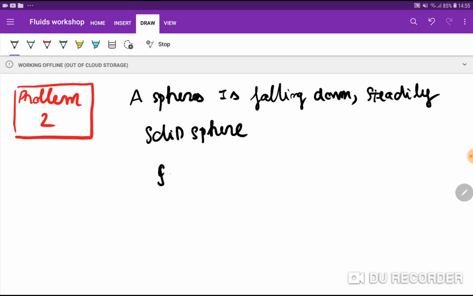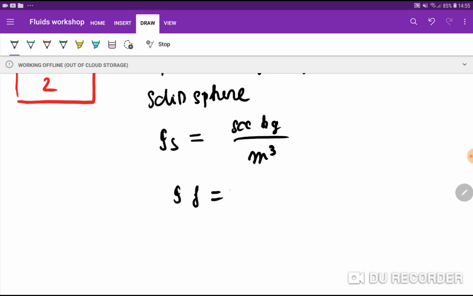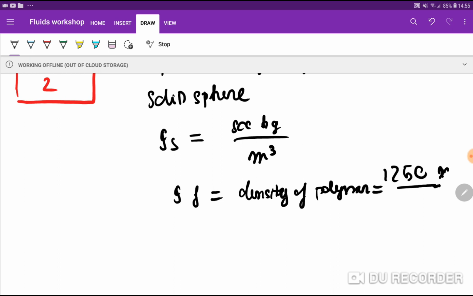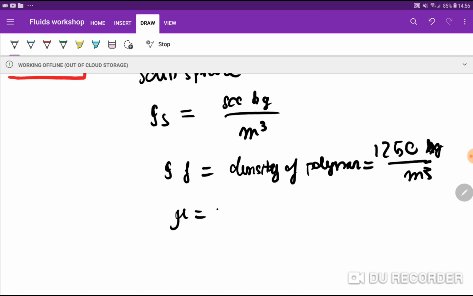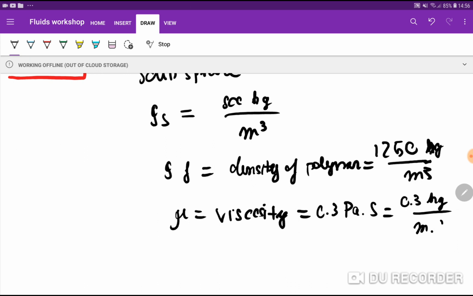They gave the spear density to be 800 kilogram per meter cube. Fluid density, or I would say density of polymer, to be 1,500 kilogram per meter cube, and mu is the viscosity, 0.3 Pascal second, which is also the same as kilogram per meter times second.